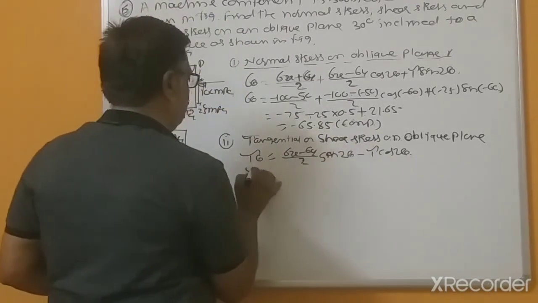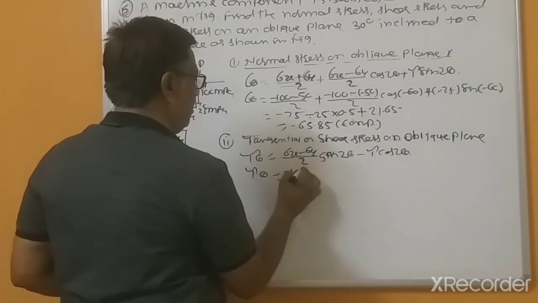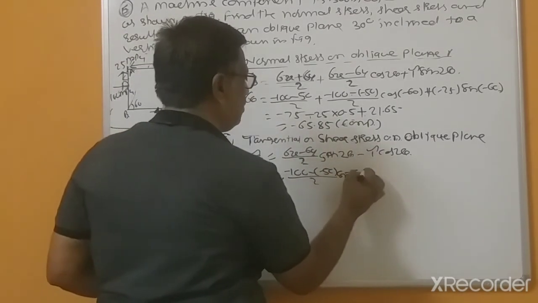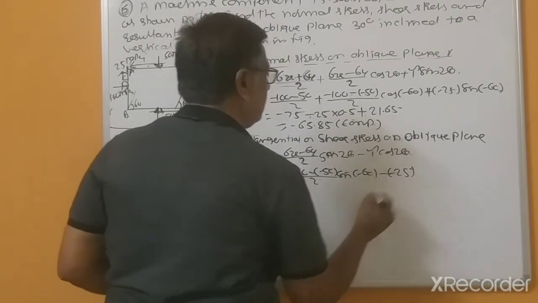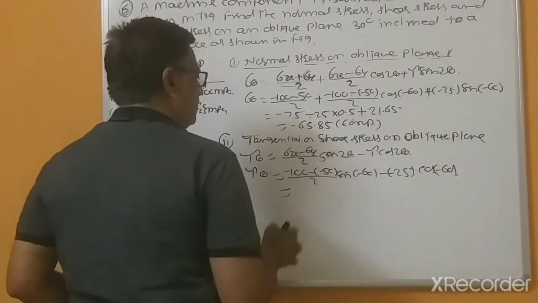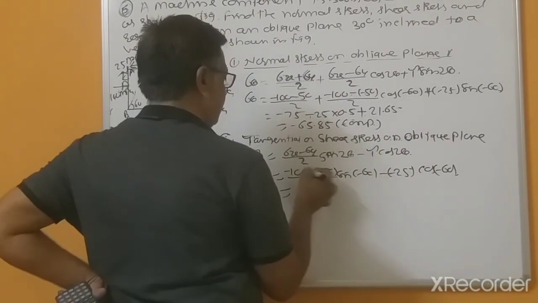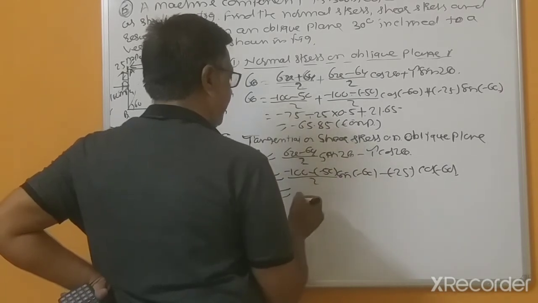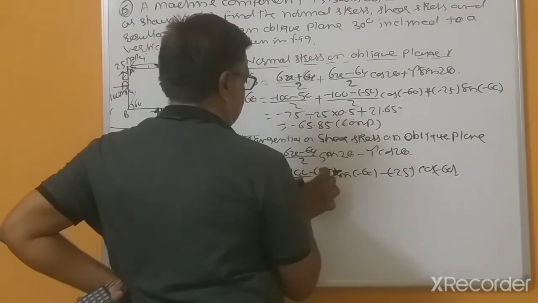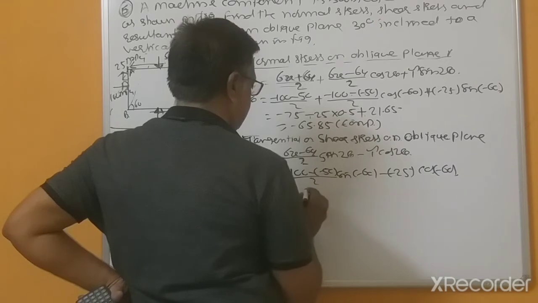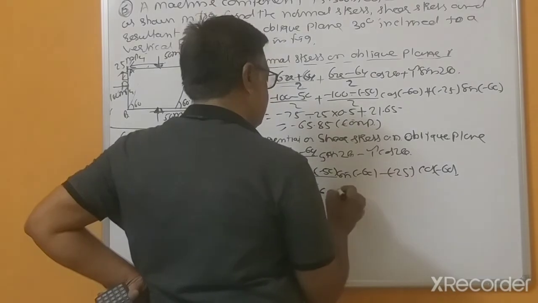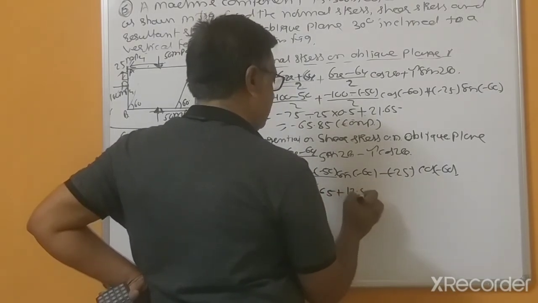Now tau theta equal to this is minus 50 sin minus 60 minus 25 cos minus 60. So this minus plus, and because this is minus 25 into sin 60 means minus 21.65. This minus becomes plus 12.5.